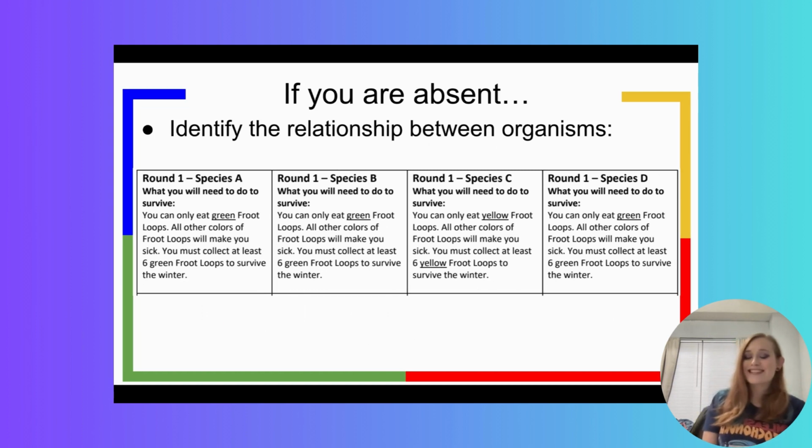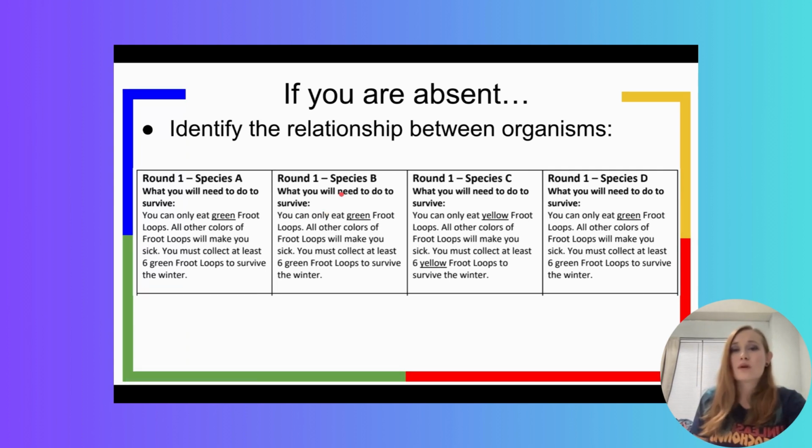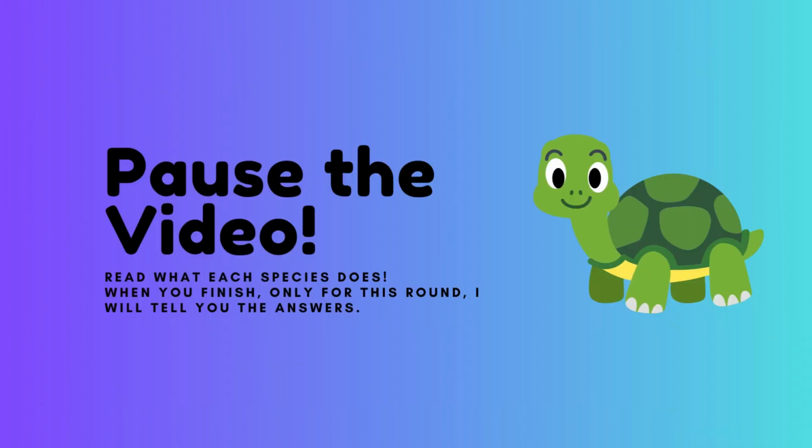We're going to see what the relationship is between these organisms. Between A and B, what's the relationship? Between A and C, A and D, B and C, B and D, C and D. You are going to have to pause this video, read through the cards, and try to figure out what you got.